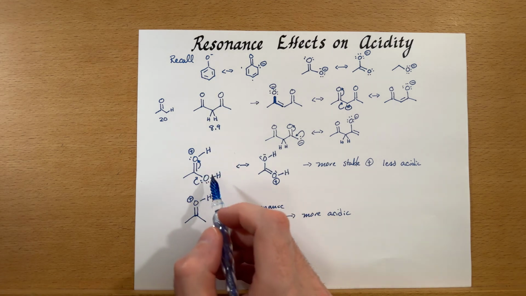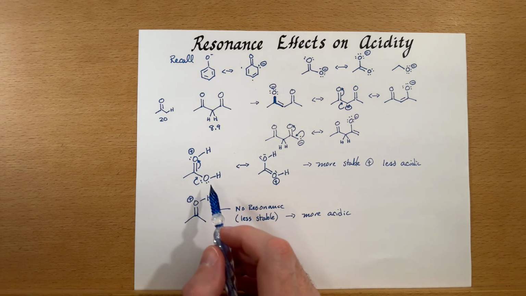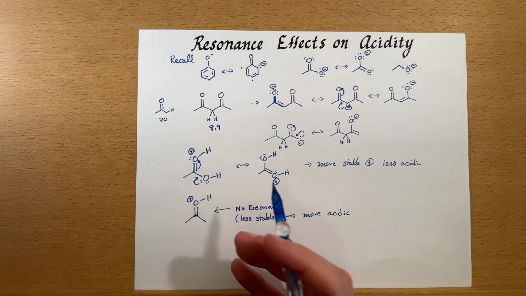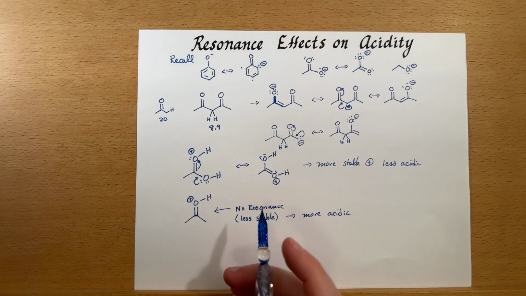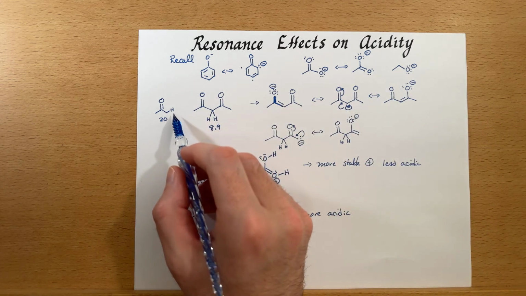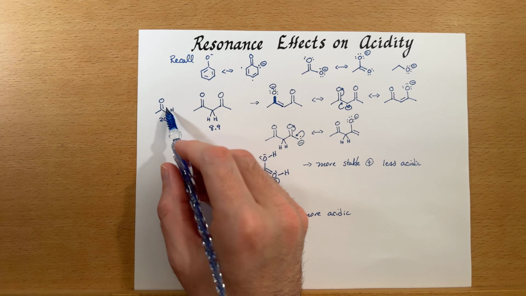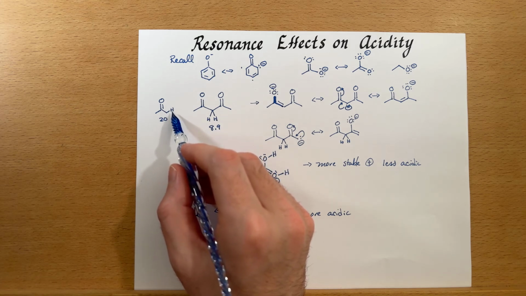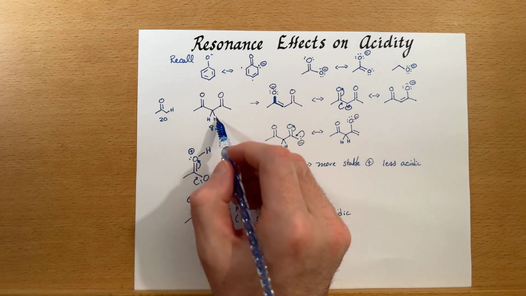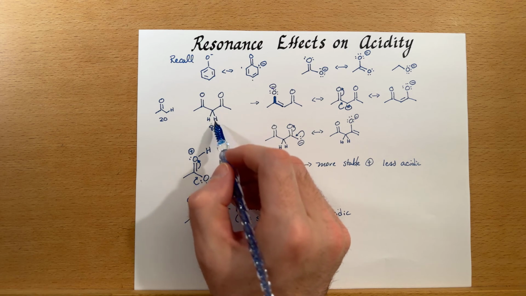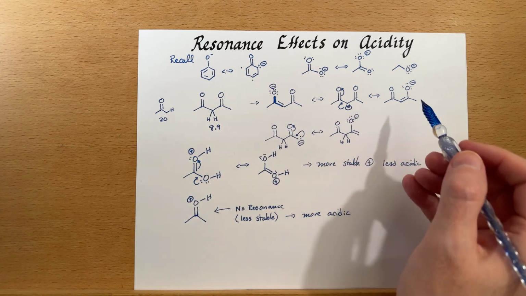Whereas up here, we can accomplish this with a lot less strong of an acid. Up here, we could look at this and say, well, in order to deprotonate this alpha hydrogen, we'll need a much stronger base than we will to deprotonate one of these alpha hydrogens because of the stability.